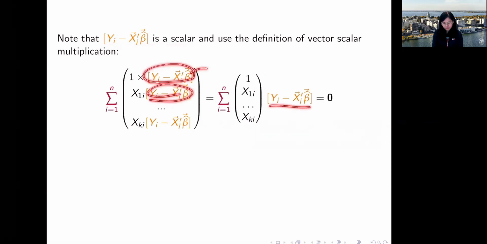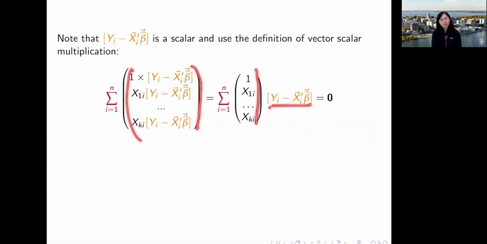So this vector is actually equal to a scalar multiplication of this vector. Notice because this is a scalar, it doesn't matter whether we put it on the left or on the right. We are going to put it on the right because that's going to facilitate what we do next.